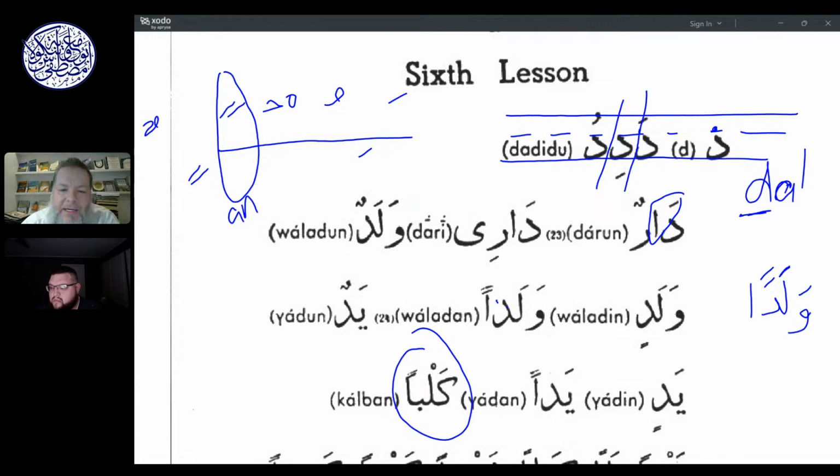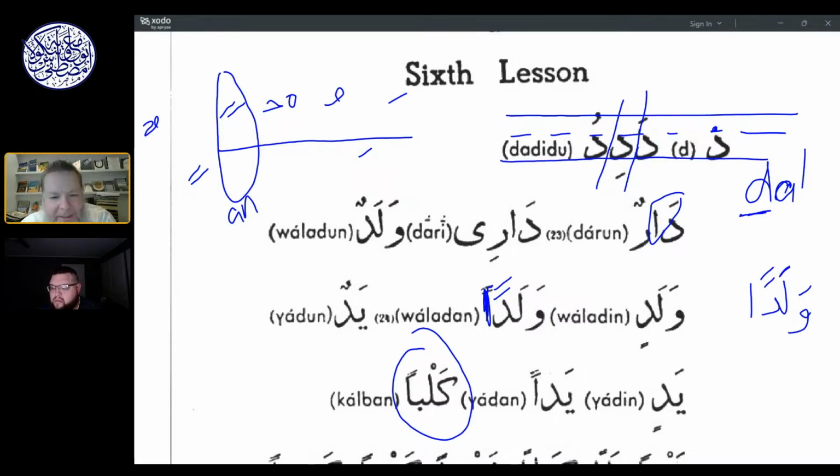For me, I would prefer to put them over the dal. Why? Because I know what I'm pronouncing on the dal, and I don't have to look to the next letter to find out how I'm going to pronounce it. So for me, I would write it here and say waladen, and know that the aleph is just here to support these two fathas, basically, right?